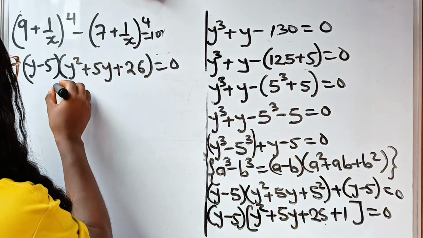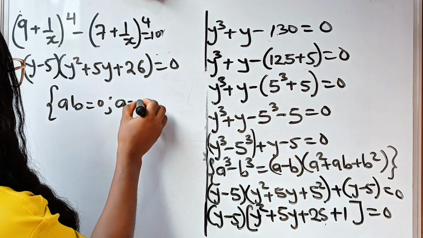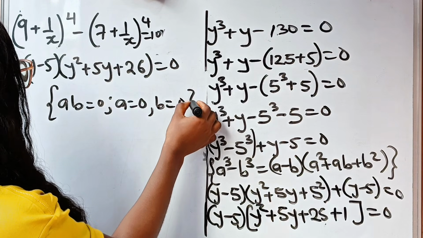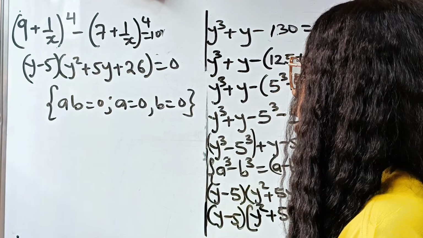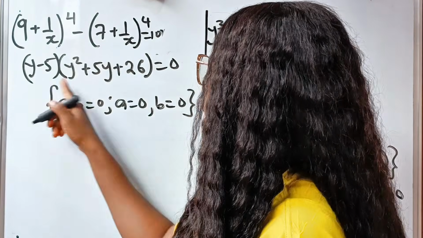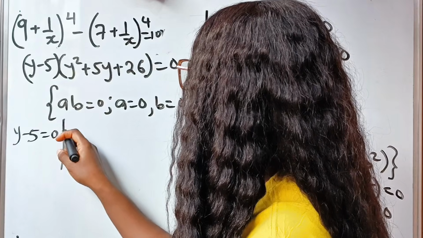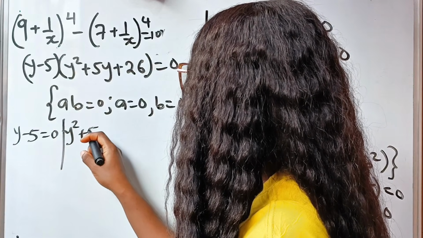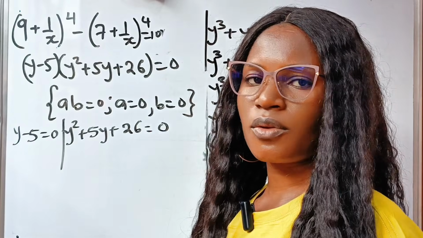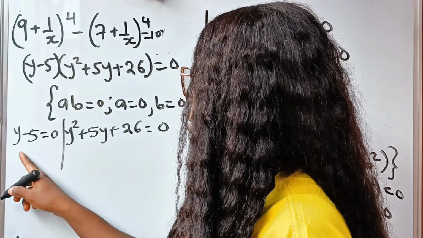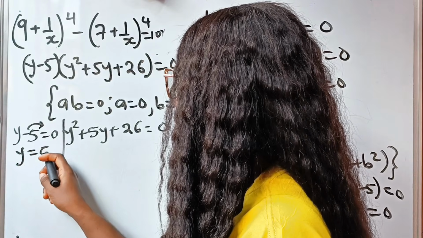So remember that if a multiplied by b is 0, then either a is 0 or b is 0. So if we apply that, either y minus 5 is 0 or y squared plus 5y plus 26 is 0. Okay, so from here, this goes to the other side and we have y equals 5.